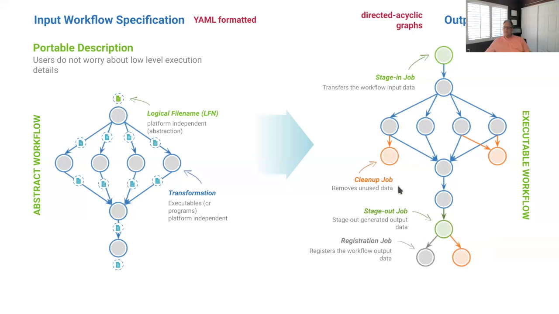The cleanup jobs are interesting. This is one of the things where this world view and reasoning about the workflow can help you. Because Pegasus knows where the data is not needed anymore, it can decide to insert cleanup jobs in different places of the workflow.